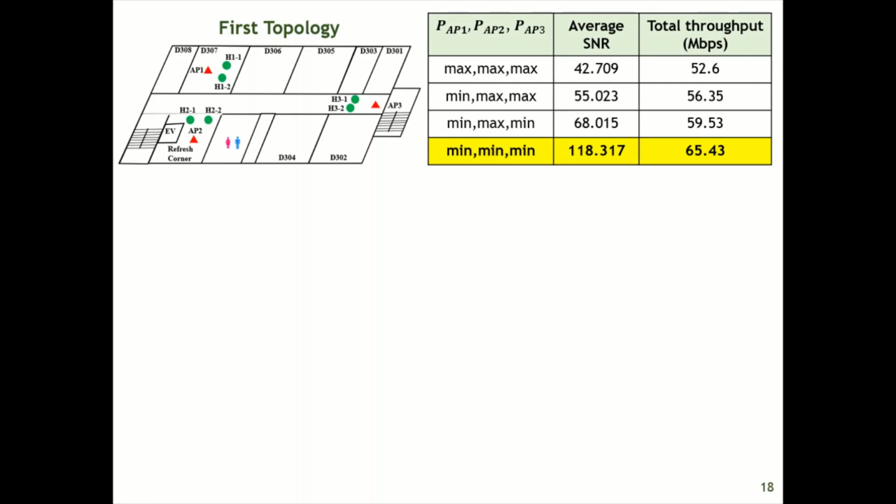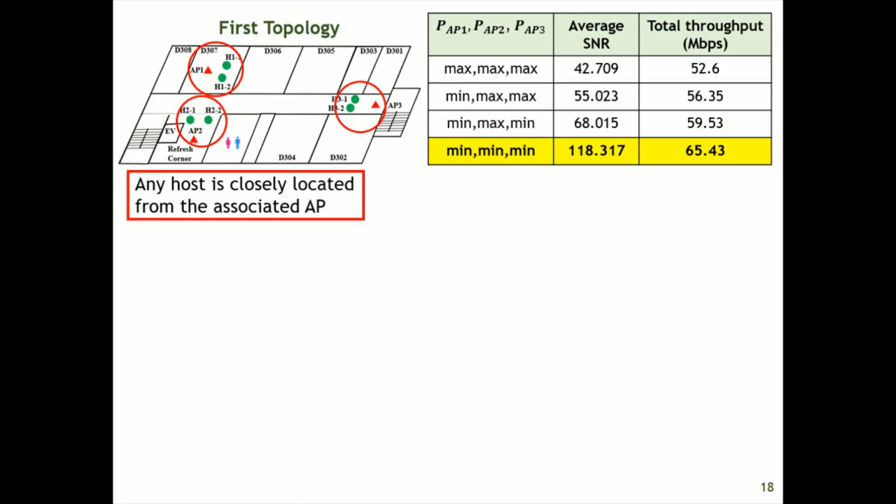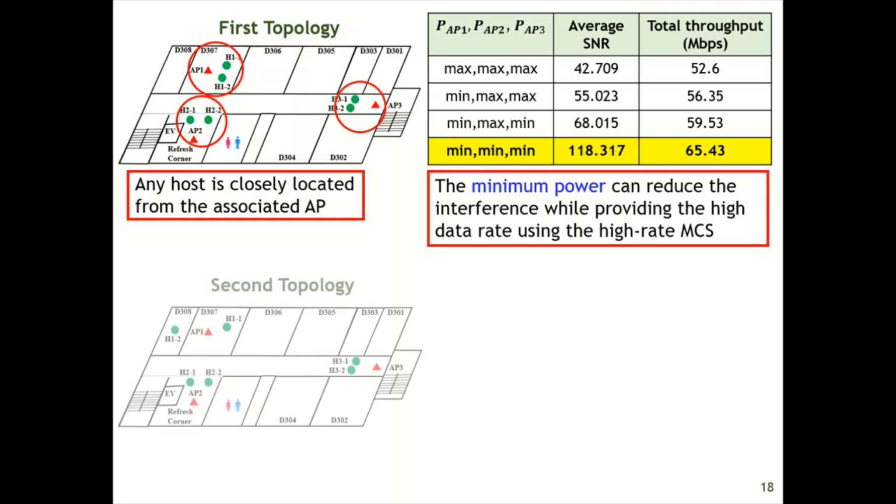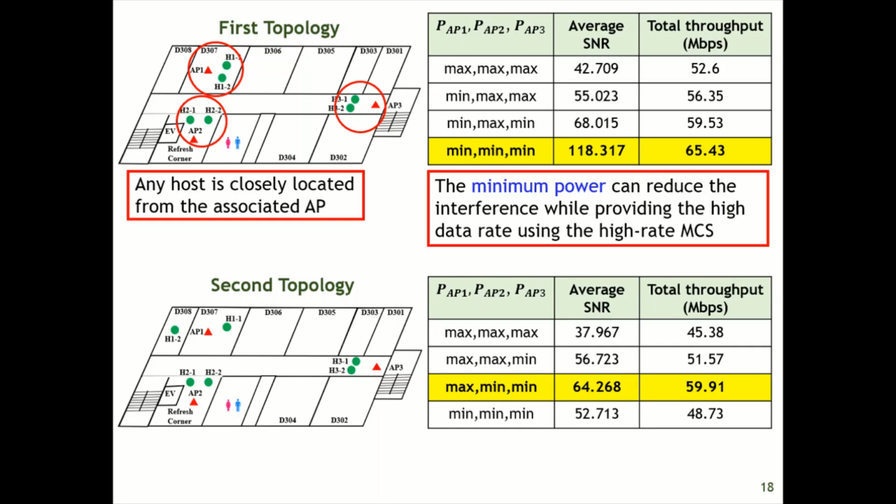Then we also evaluate using two hosts associated with one AP. In this topology, the best power is minimum power for all APs because every host is located close to its associated AP. And for the second topology, again, the method can select the best power for all APs.